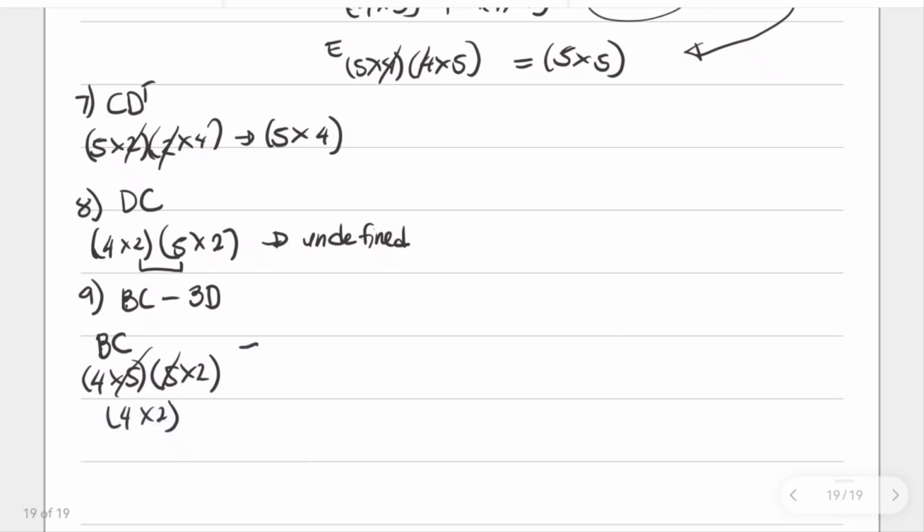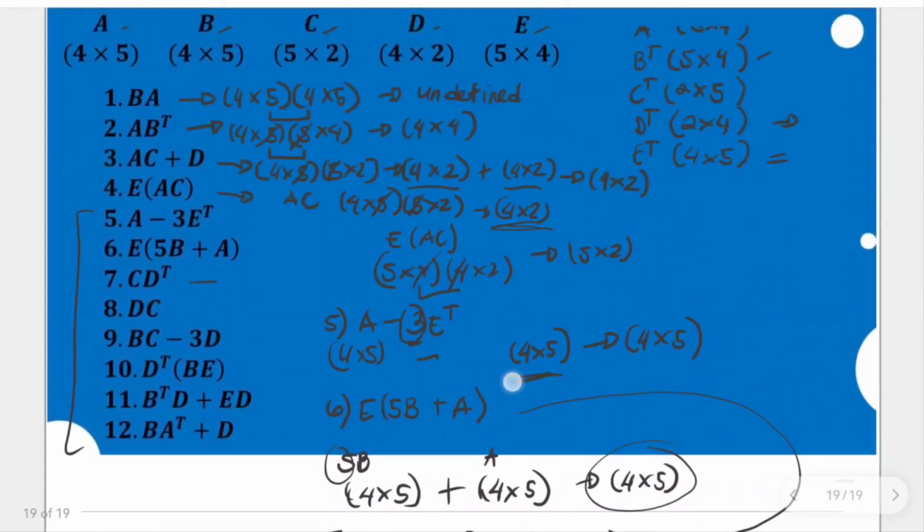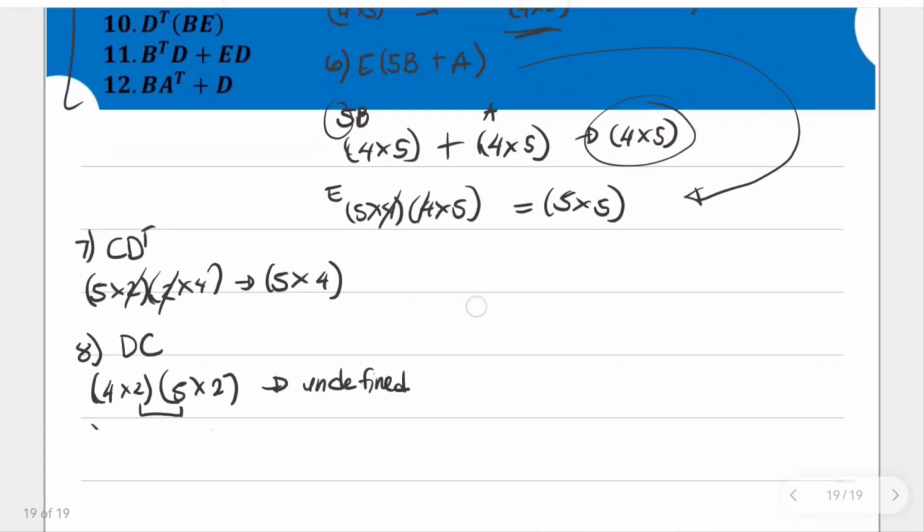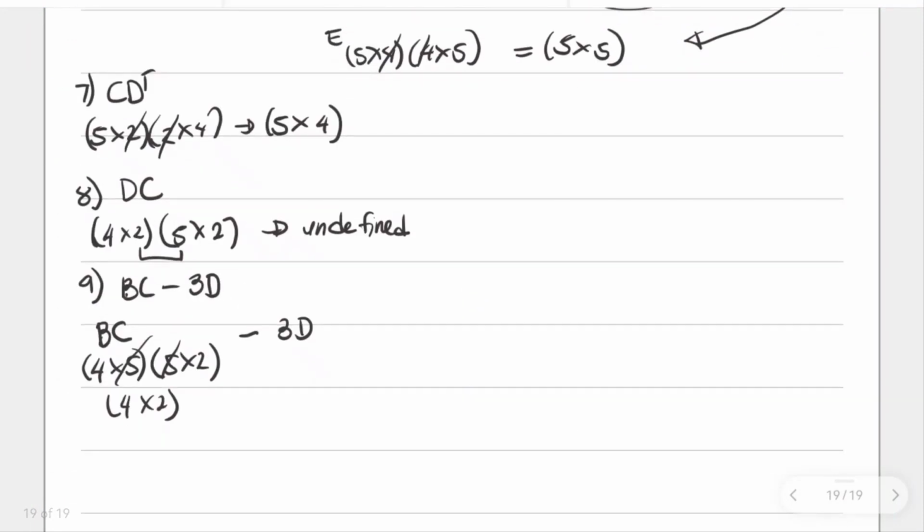But you're going to subtract this from 3D. And your D is a 4 by 2 matrix. Since the operation is subtraction, we just need the same sizes. So the result for number 9 is also a defined matrix with size 4 by 2.